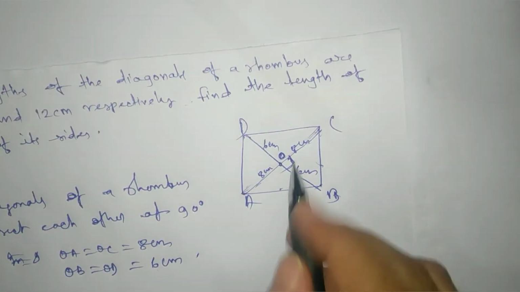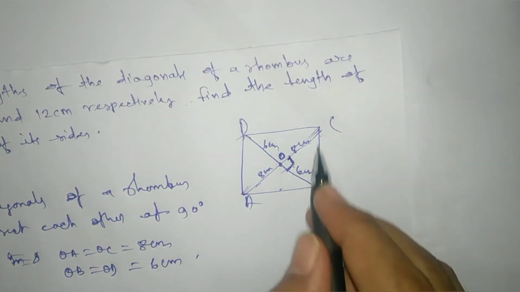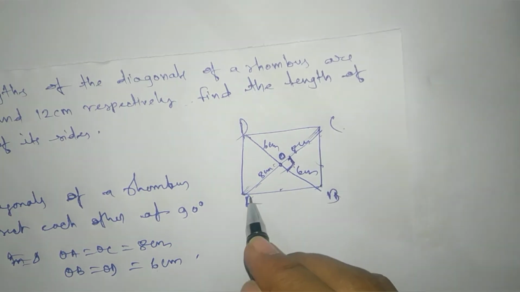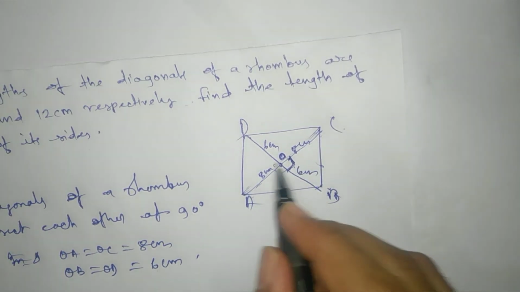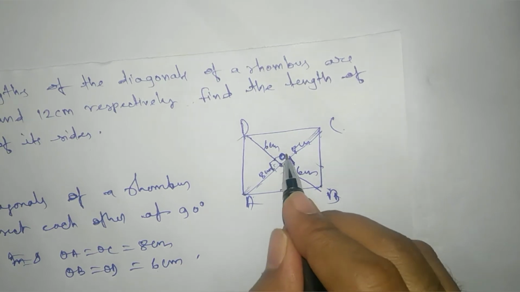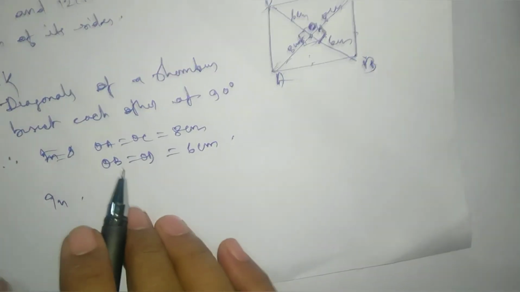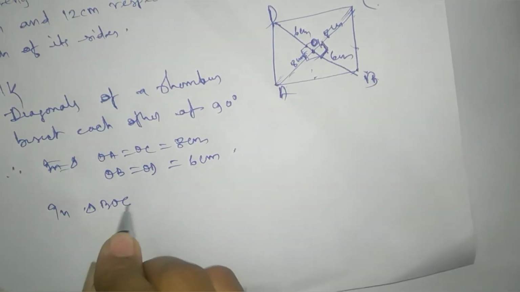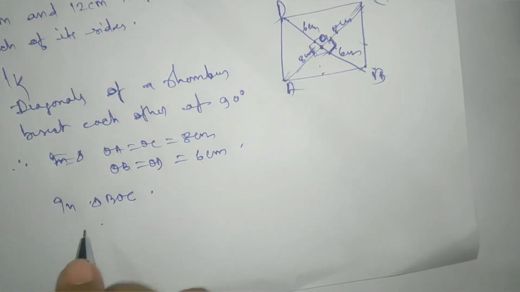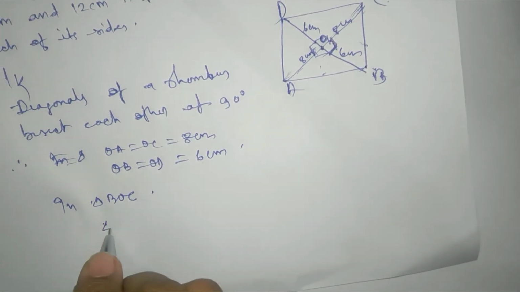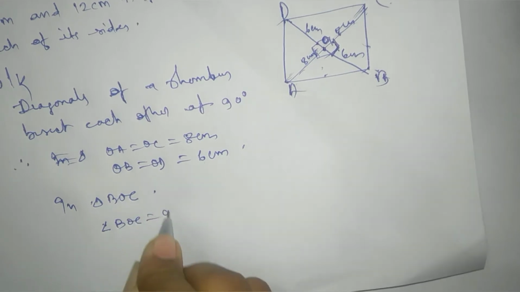We'll take this one, BOC, or you can say AOB, whatever you want to take. As you can see here, each will give you 90 degree. So in triangle BOC we'll mention that angle BOC equals 90 degree.